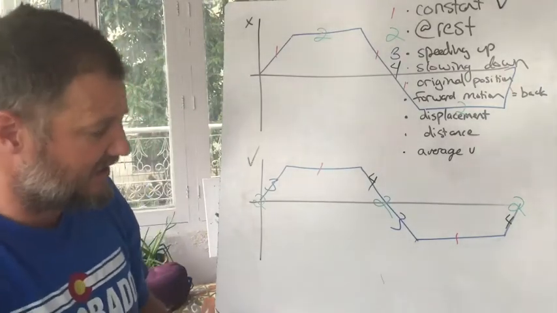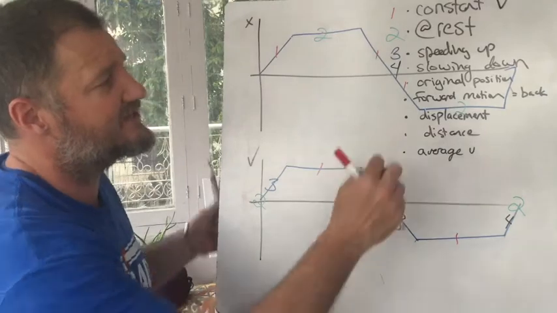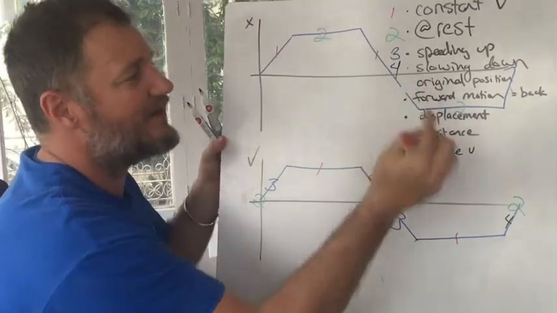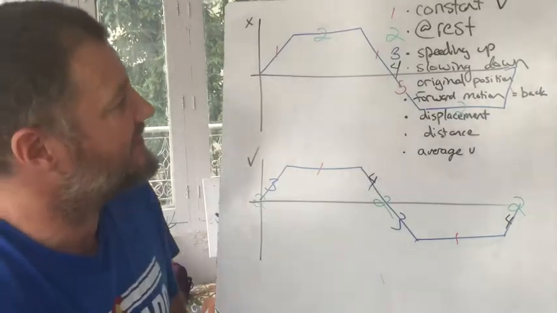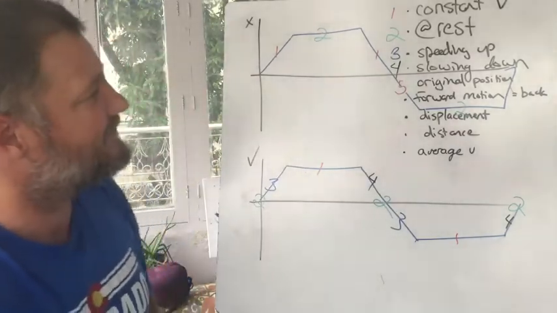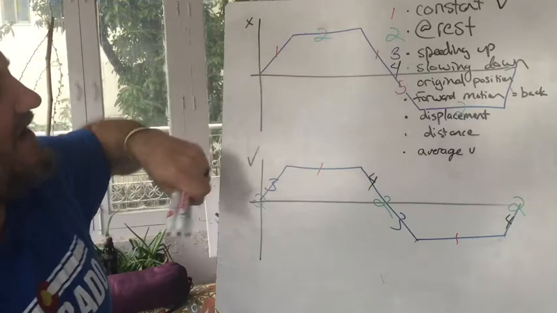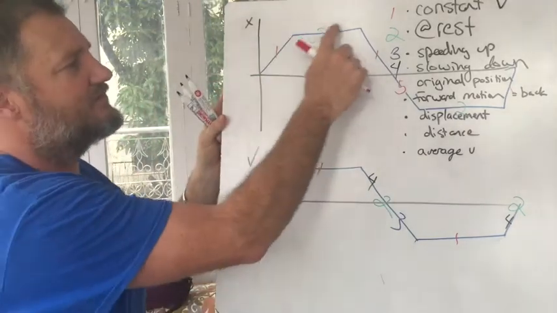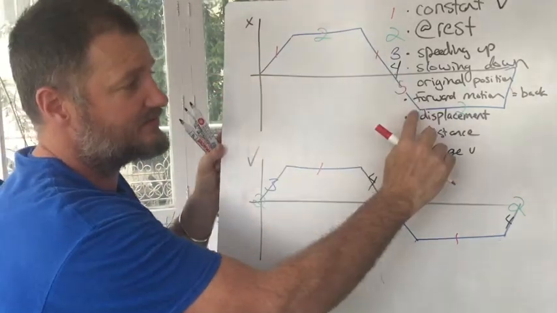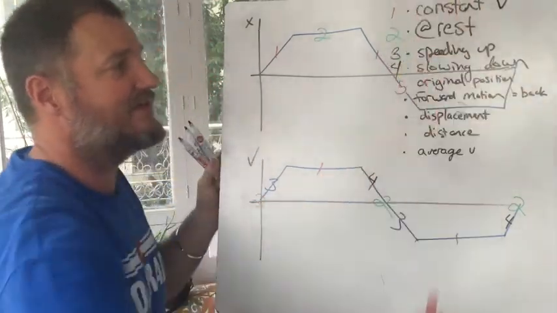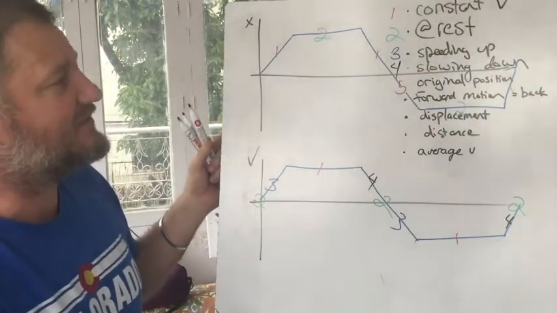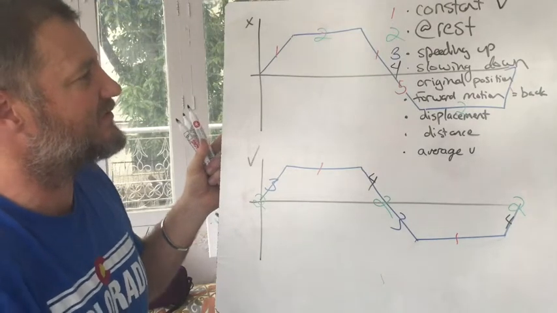Looking at the next one, a classic question is, where is an object back in its original position? And so, because of the symmetry of this graph, you can see that the object moves forward, comes back where it started, goes backwards, stays there, and then ends up sitting still at its position, well, presumably.